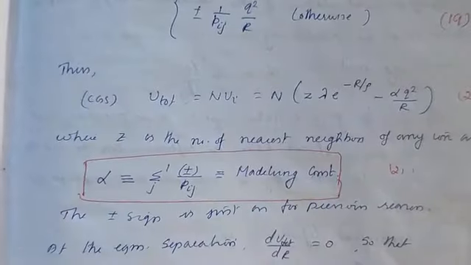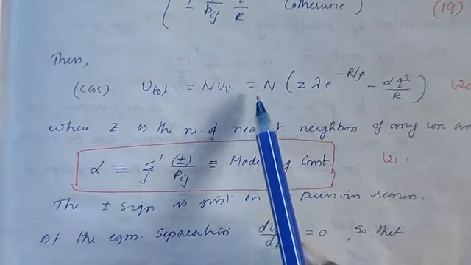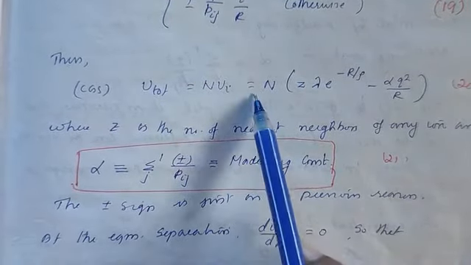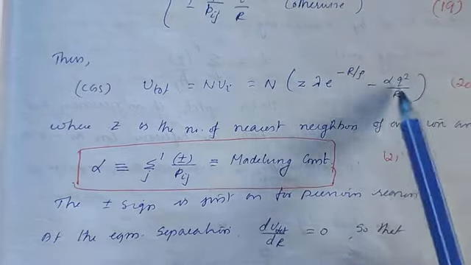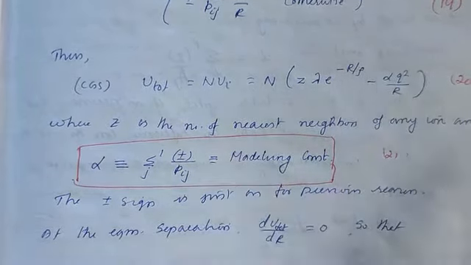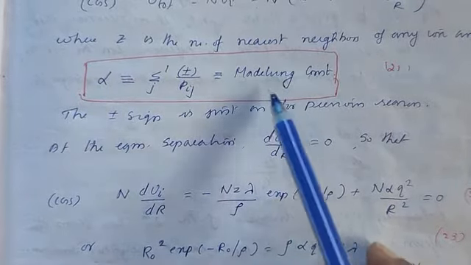The U total, which is N into Ui, can be represented as N into Z lambda e to the power minus R by rho minus alpha Q square by R, where Z is the number of nearest neighbors of any ion, and alpha, which is equivalent to the summation over J of plus or minus 1 by Pij, is known as the Madelung constant, which has to be evaluated.